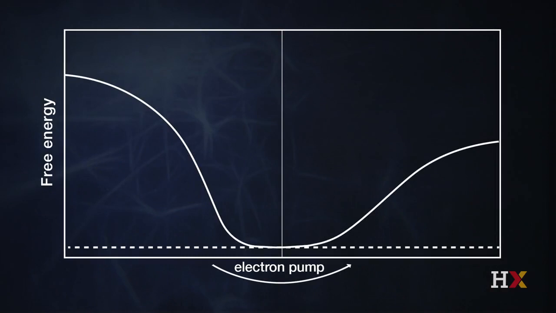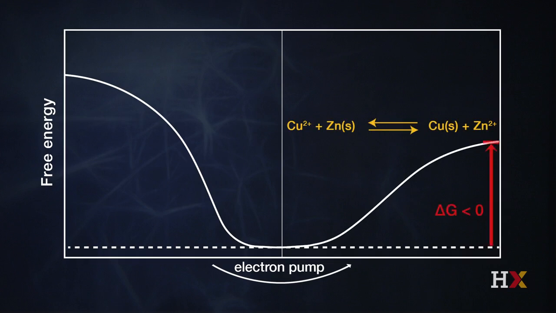So now, all of a sudden, by joining that battery into the external circuit of the electrochemical cell, we've taken our copper zinc voltaic cell, and we know exactly how that operates. In the absence of any external voltage, delta G is less than 0 and electrons flow downhill.